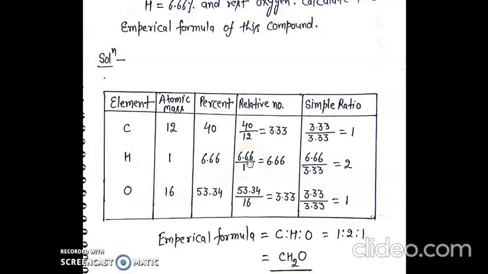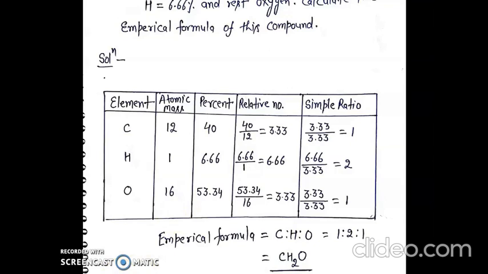Here 6.66 is the percentage of hydrogen divided by 1, the mass of one hydrogen atom, and we get the relative number, that is 6.66.